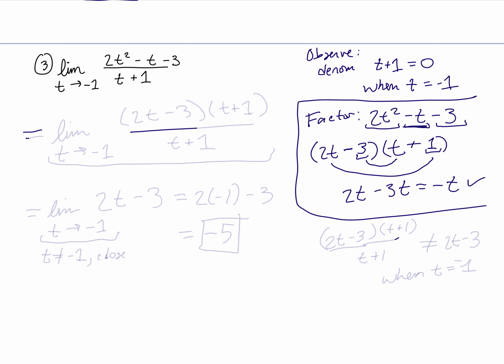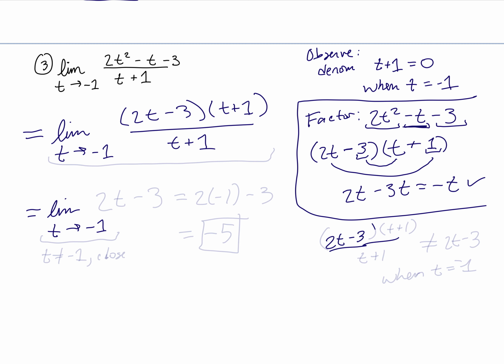So now let's go with our limits. This is the limit as t approaches negative 1 of 2t minus 3 times t plus 1 divided by t plus 1. And this is equal to the limit as t approaches negative 1 of, in general, 2t minus 3.